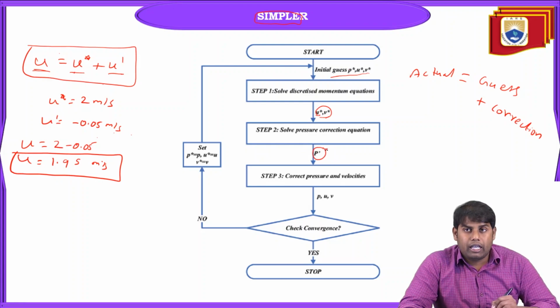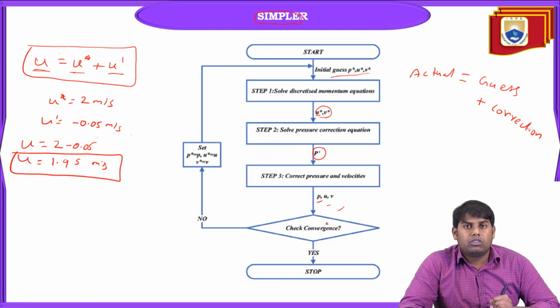With that p dash, again you will solve the velocities, and you'll get u and v. In between you'll get u dash and v dash also. Then you'll substitute such that you get actual values of p, u and v, and then you check the convergence criteria.